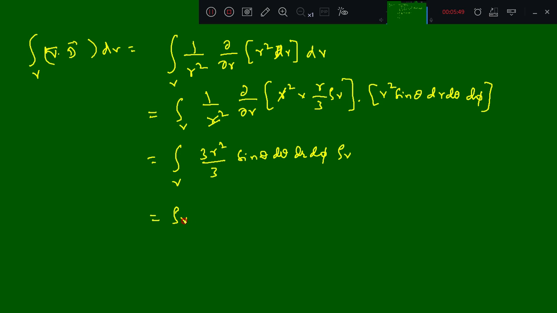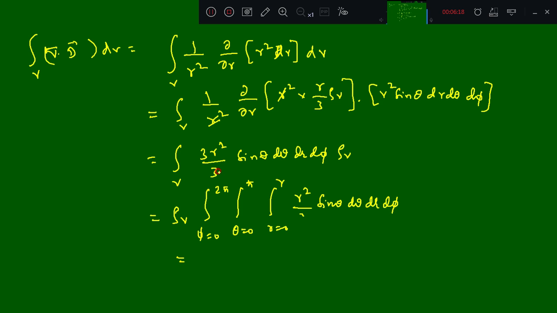Then the volume integral is phi ranging between 0 to 2 pi, theta ranging between 0 to pi, and r ranging between 0 to r, with r square into sin theta d theta dr d phi.